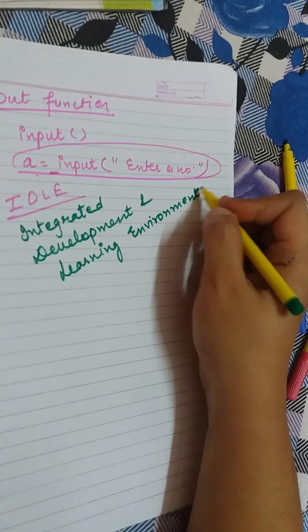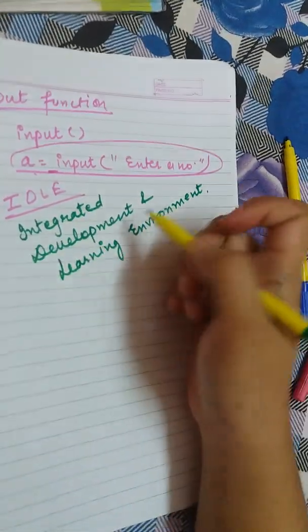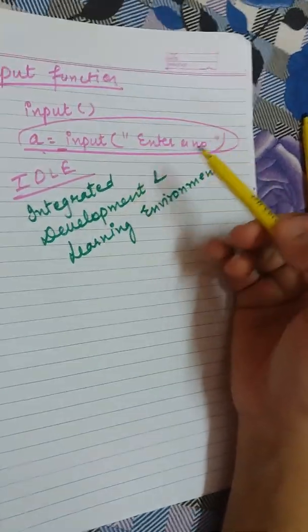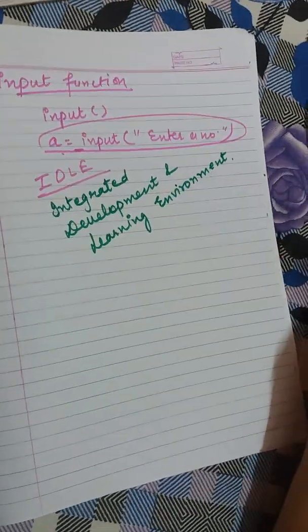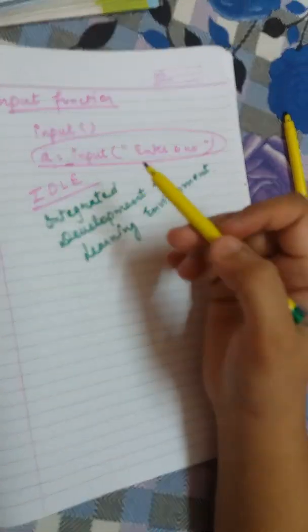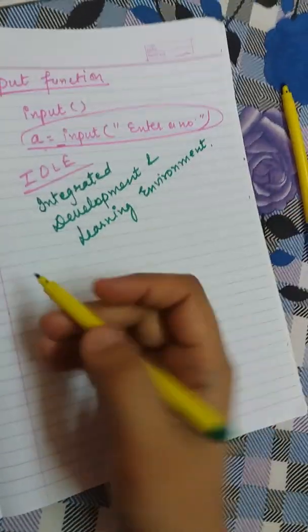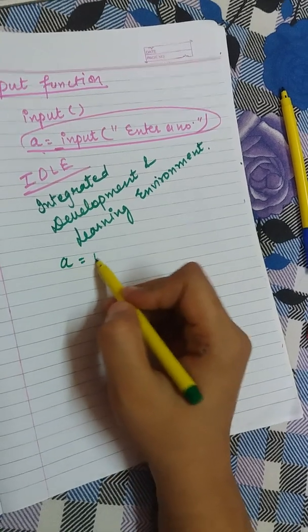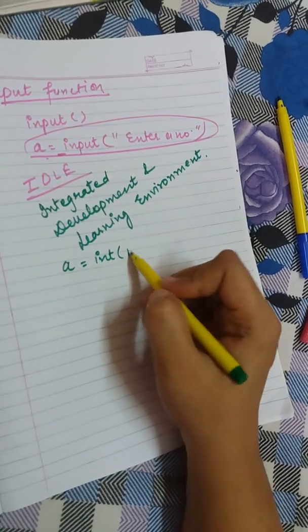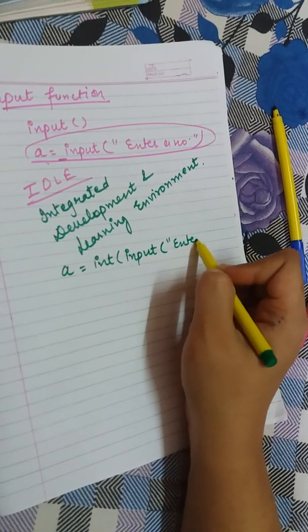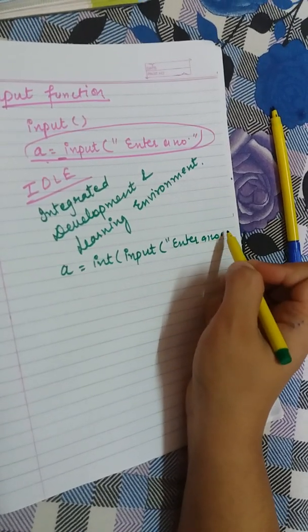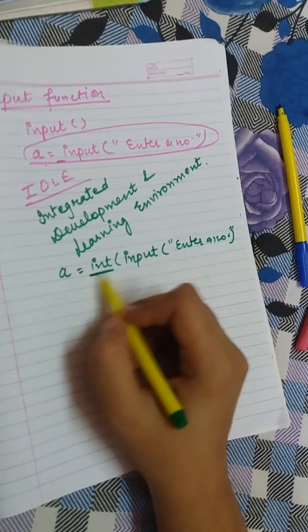Now this Python IDLE will decide whether to take this input as a string or a numerical data type like integer or float. If you want your data to be considered as an integer only, then you have to write a is equals to int, and then input, enter a number. Now IDLE will take this as an integer only.